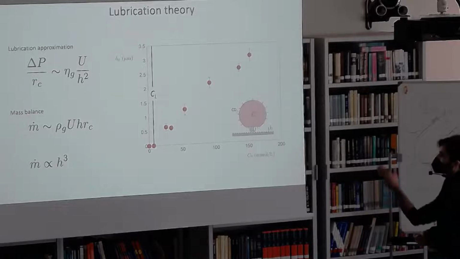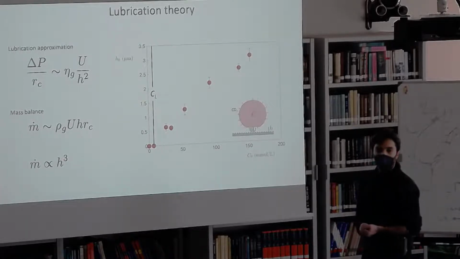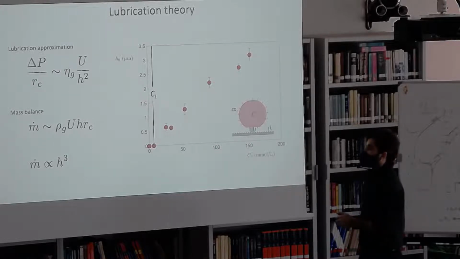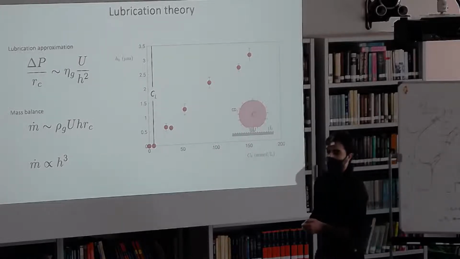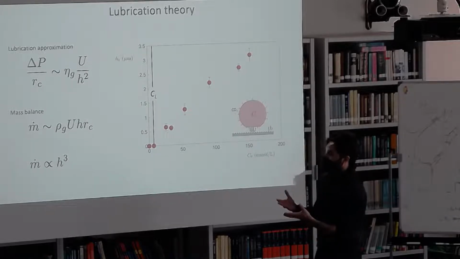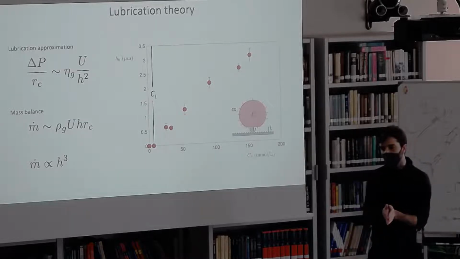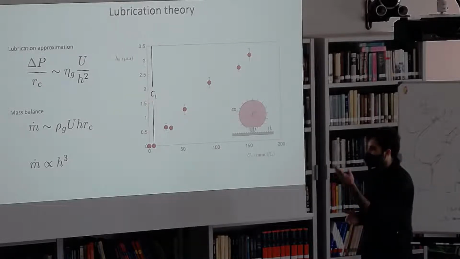If you combine those two scalings, you basically find that the thickness varies with the flow rate, with the amount of CO2 you generate per unit time, the flux of CO2 from your drop, with a power 1/3.